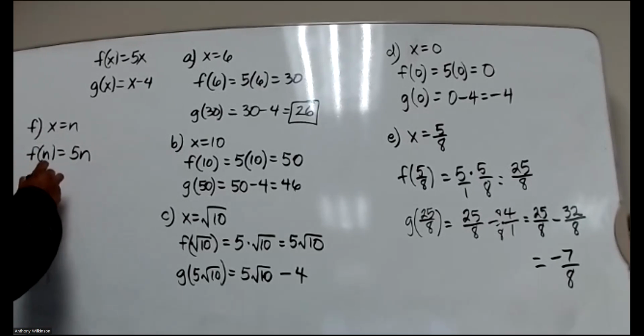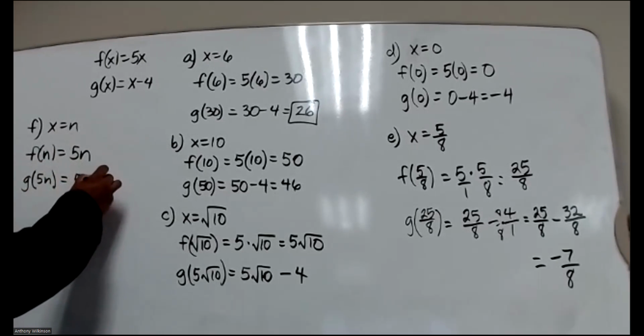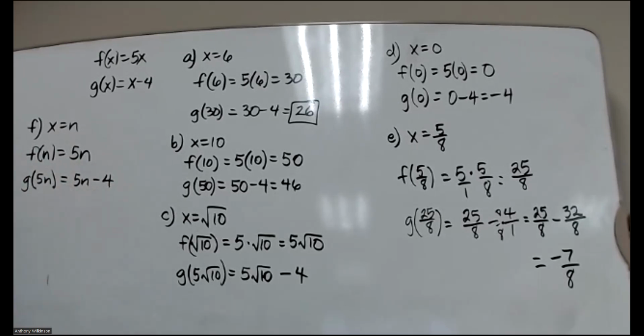So g of 5n means I substitute the x with 5n and bring over the -4. And that's all there is to it. So f of n is going to be 5n. G of 5n would be 5n minus 4. Okay. All right, any questions about example 14?